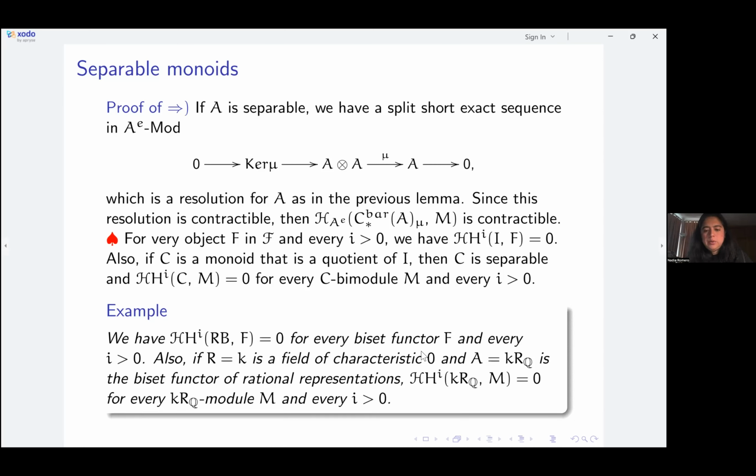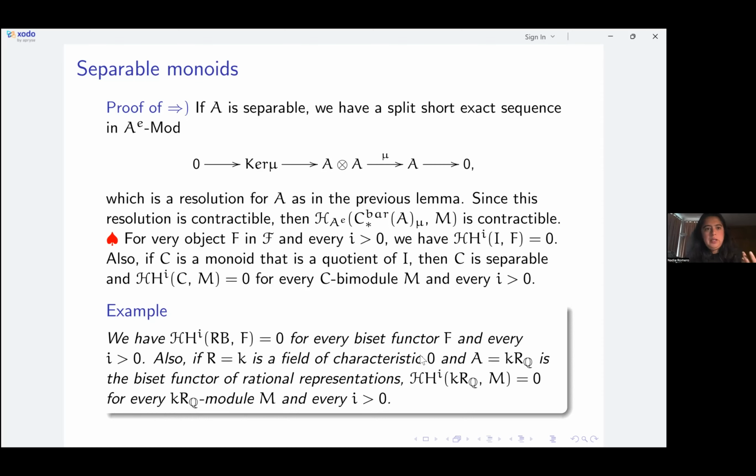So in this case, we're going to have that this is 0 for every KRQ module M. In this case, it turns out that the bimodules for these functors are precisely the left modules, so we have this result. So this is my first example. Very happy when I found it.